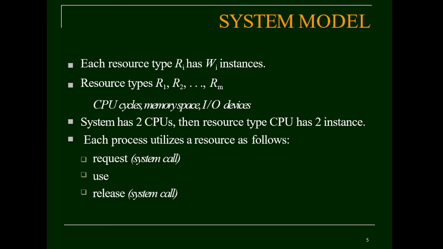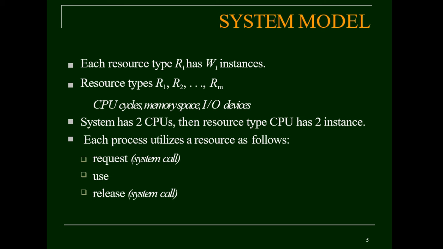System model. Each resource type Ri has Wi instances. We can represent the resources as R, so there are different resources like R1, R2 up to Rm.